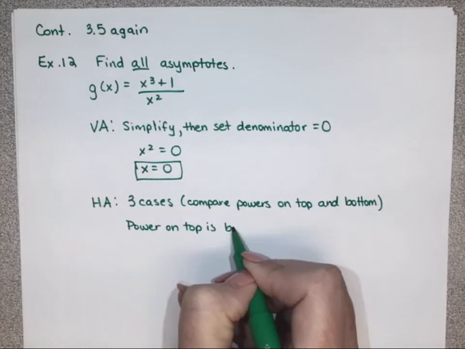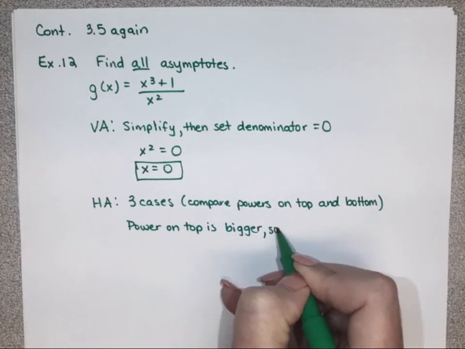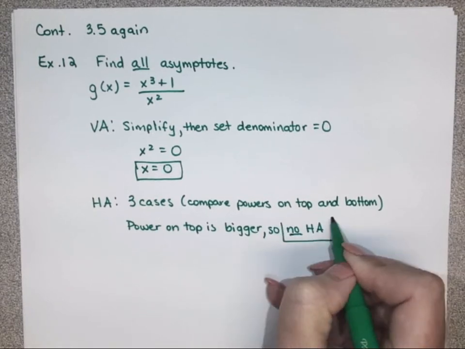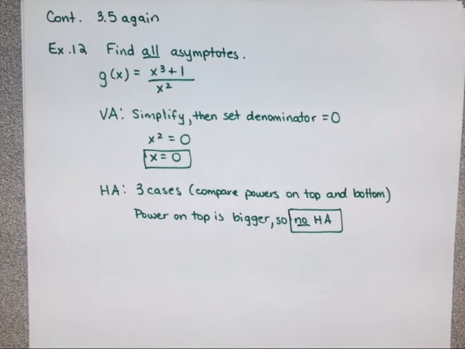And if the power on top is bigger, what's the conclusion? No horizontal asymptote, that's right. Okay, if it's anything bigger, the power, then there's none. What if it's smaller? What was it, just to remind ourselves? 0. If it's smaller, it's y equals 0, and then what if they're the same? What do you do? The leading coefficient. Yeah, like pull the top number over the bottom number, and that's it, right?